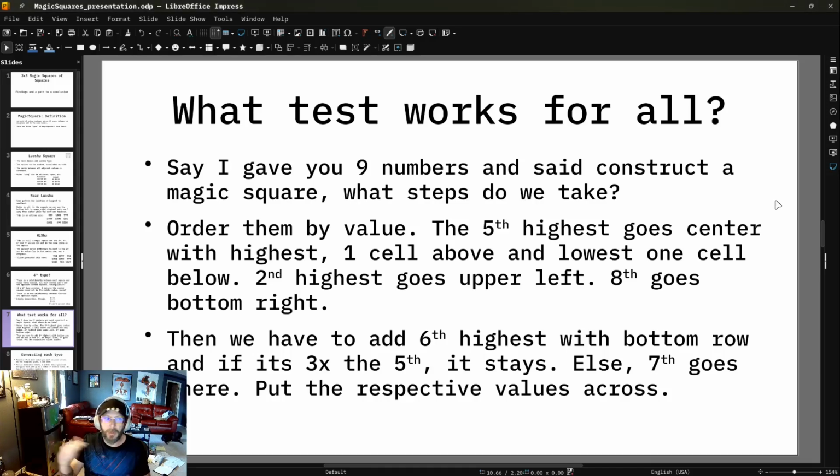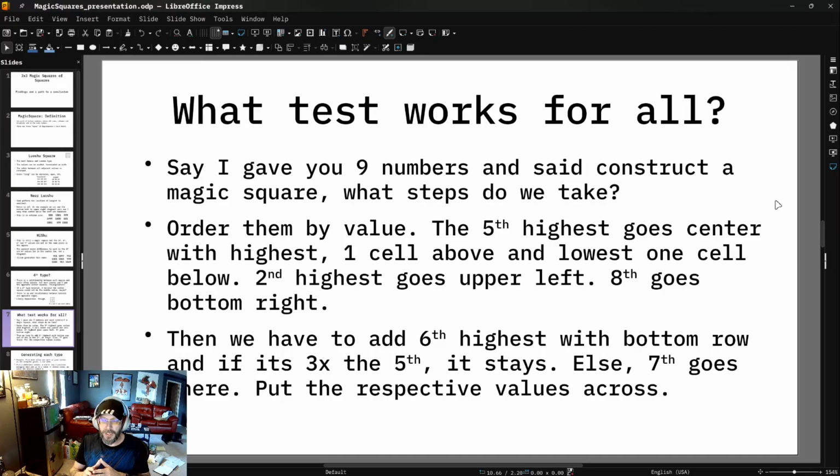You would put the numbers in order, ascending or descending, it doesn't really matter, so that you can work with them. Take the middle value, put it in the center. Take the highest and lowest values and put them in the top, the highest being in the top center and the lowest being in the bottom center.